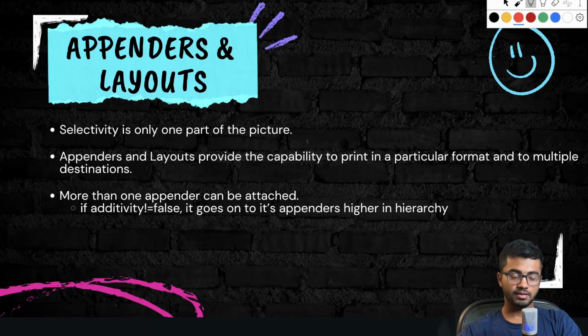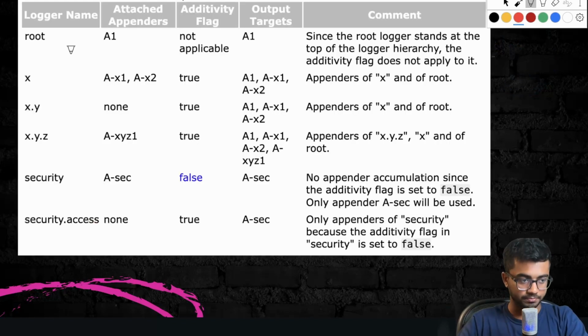The second thing is that the hierarchy comes into appenders as well. There is a field called additivity. If additivity is not equal to false, or if it is true, then the logger has the parent's appender as well. We'll see more examples, but just keep in mind that if additivity is true, it has to honor the parent's appender as well. Okay, let's take an example.